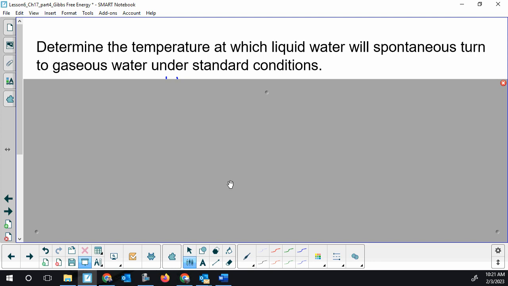Determine the temperature at which water will spontaneously turn into water vapor. Don't say it, but hopefully you know the answer to this intuitively. And I find it quite neat that the answer that we know is correct, using enthalpy and entropy, we can get to that same answer. Two concepts that don't seem connected to boiling point will lead us there.